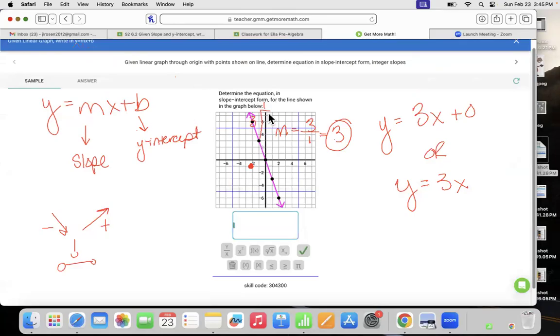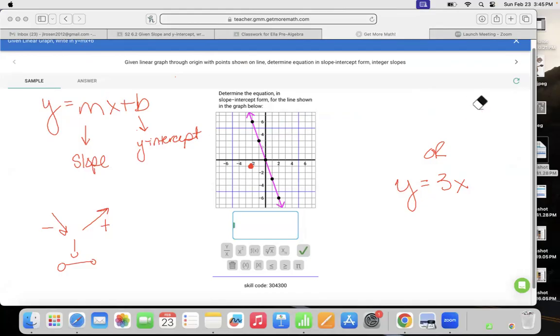Alrighty, so let's see. This one right here, we're going to do the same concept. So again, the first time we touch the line would be here. It's going downward, so that's going to be negative. And it's going down from dot to dot, 1, 2, 3 over 1.